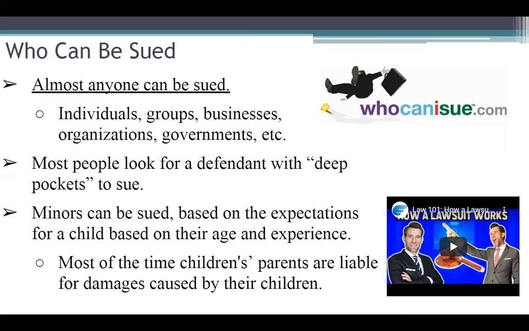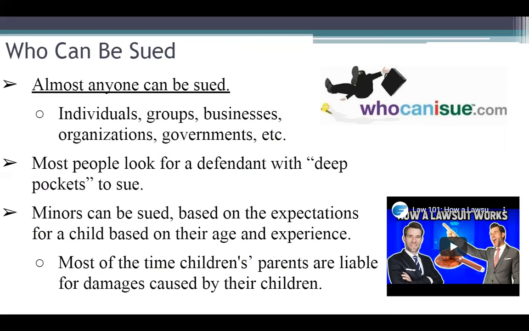In many states, minors can be sued, but this is based on the expectations for a child. So, for example, a toddler who picks up a parent's handgun and shoots someone cannot be held liable in a court of law because it's a toddler, right?